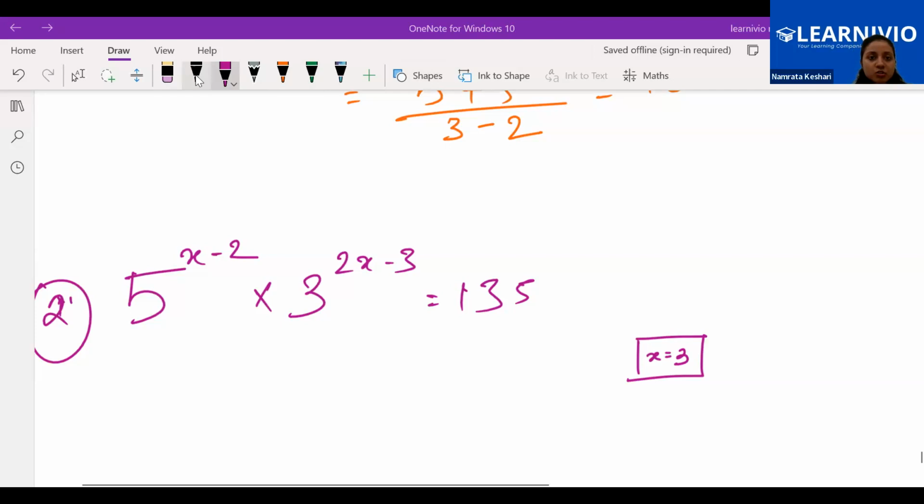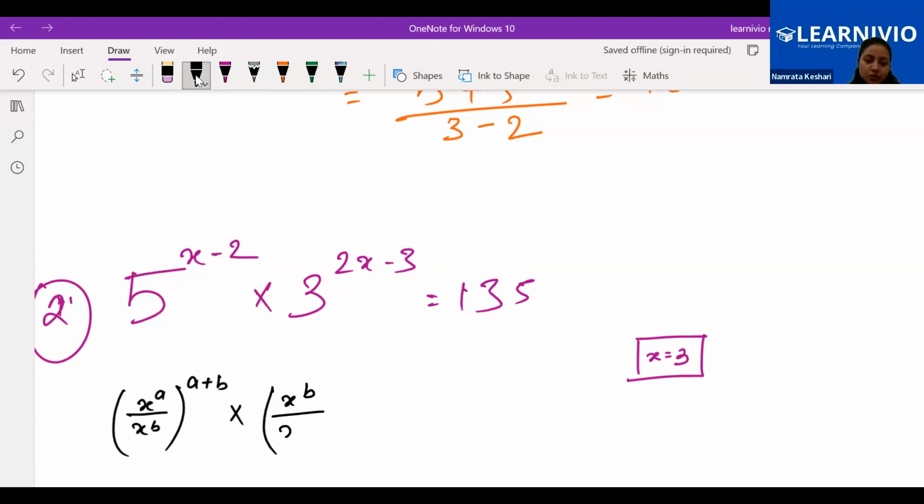Let me write the next question over here only. So the next question is x to the power a by x to the power b whole having power a plus b, multiplied with x to the power b by x to the power c whole having power b plus c, multiplied with x to the power c by x to the power a whole having power c plus a.